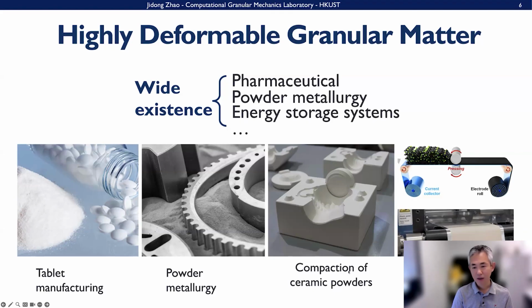In ceramics, we compact the ceramic powders to make a ceramic product here, right? And in the battery industry, for the lithium battery electrode, we need to understand their thermochemical mechanical response, and they represent a deformable granular matter as well here. Right? So those are examples showing that highly deformable granular materials are important here.